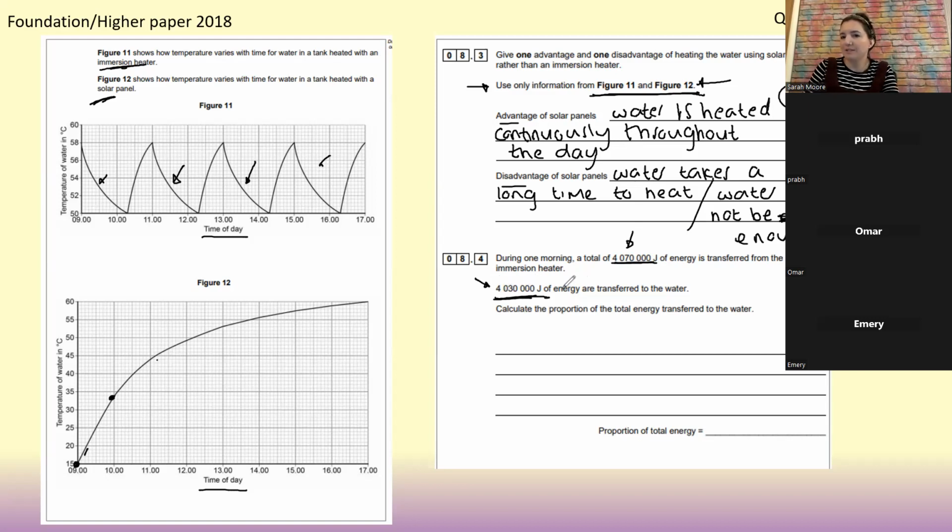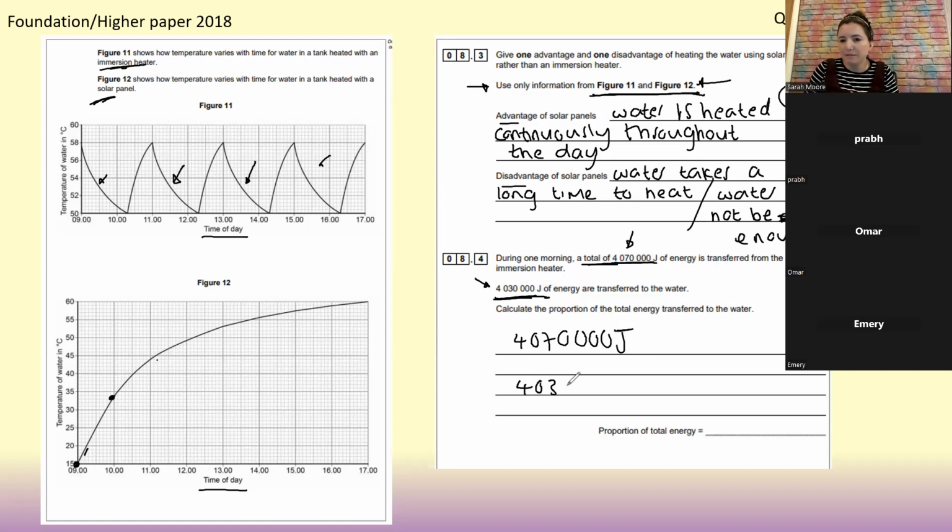Okay, so 4,030,000 joules of energy transferred to the water. Calculate the proportion of the total energy transferred to the water. Okay, well, a total of 4,070,000 joules, remember it's energy, energy is measured in joules, that's transferred from the immersion heater.